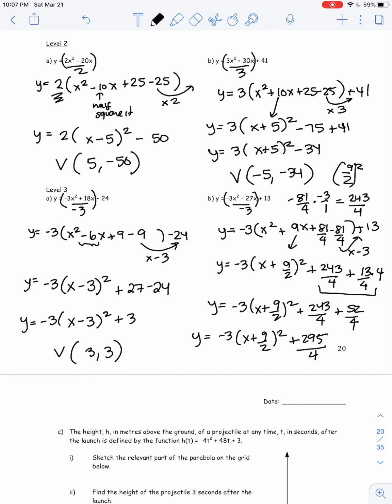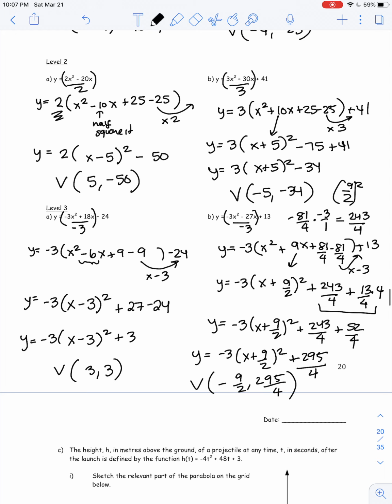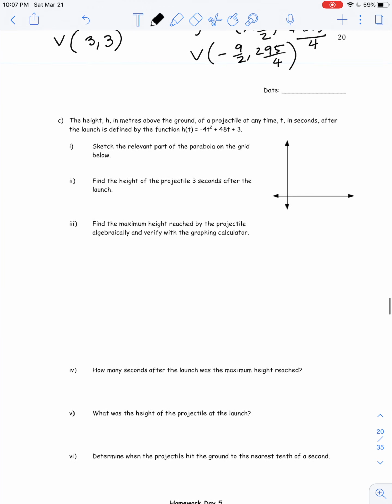And then you can't simplify that any further, so that is perfect. The vertex, guys, is going to be -9 over 2 and 295 over 4. So I am trying to get you guys to get more comfortable with fractions. So work with fractions whenever you can so that you get that comfort level.